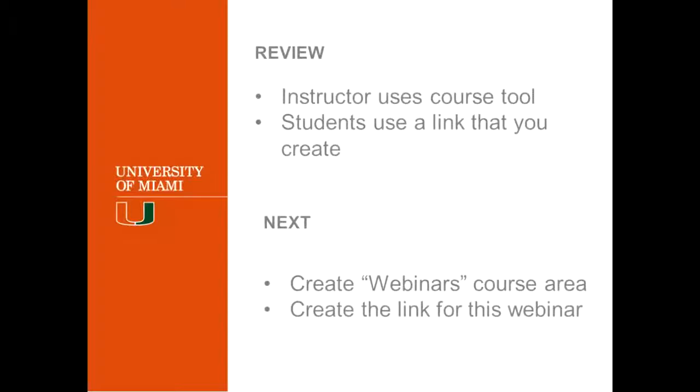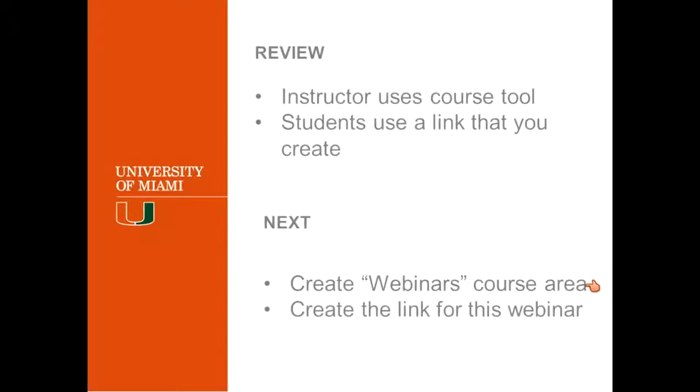Part 2 is to talk about the links. The instructor uses the course tool that we talked about, the Blackboard Collaborate. Students use a link that you create. So you're going to put a link into the course site that they can use to join this session. I'm going to make a webinars course area.